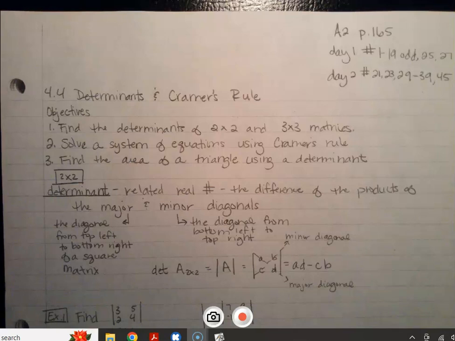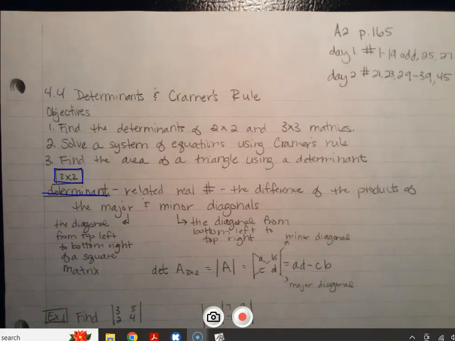So first of all, with a determinant, we have a 2 by 2 determinant. So I have that 2 by 2 up here. A determinant is a related real number. It's the difference of the products of the major and the minor diagonals. We've talked about these.